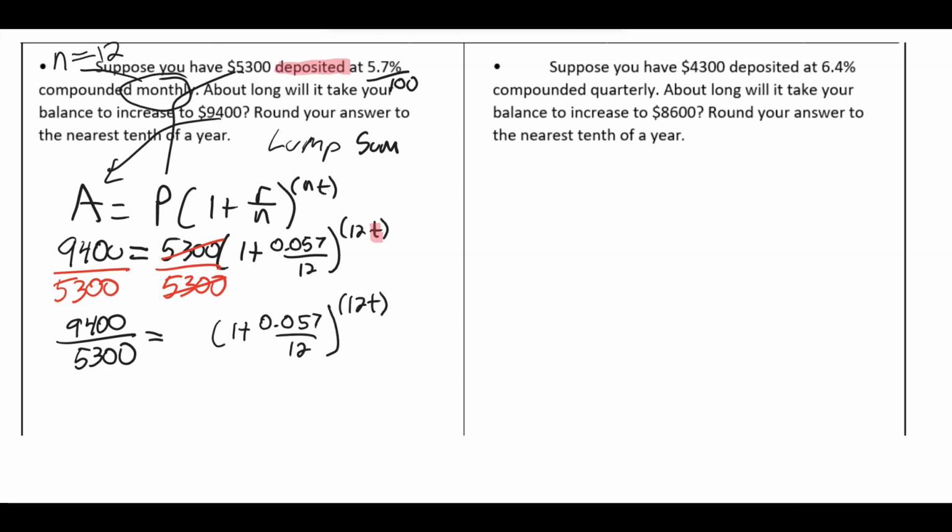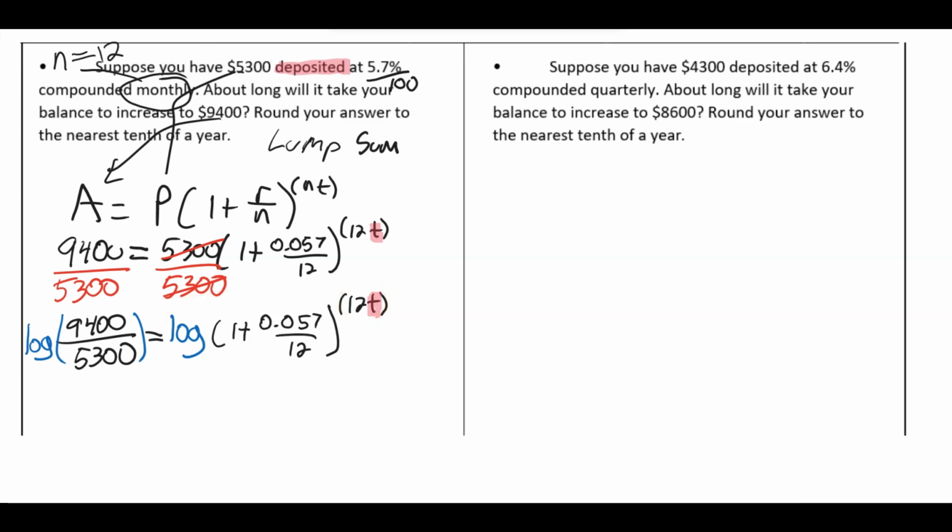Okay, so we've isolated the t a little bit, but it's still up in the exponent. This is where we use a log. You can use ln or log. I'll use log, the common log. And what it allows us to do is, the exponent rule allows us to bring the exponent and write it down in front as a coefficient.